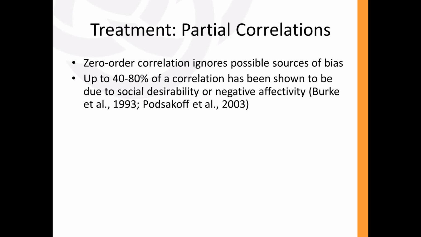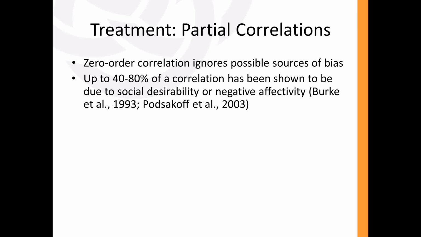So let's move on to treatment. Partial correlations are a technique that allow you to account for different kinds of bias in your data, mostly dealing with information processing bias. In fact, I would say 95% of the time that's what you use partial correlations to account for.